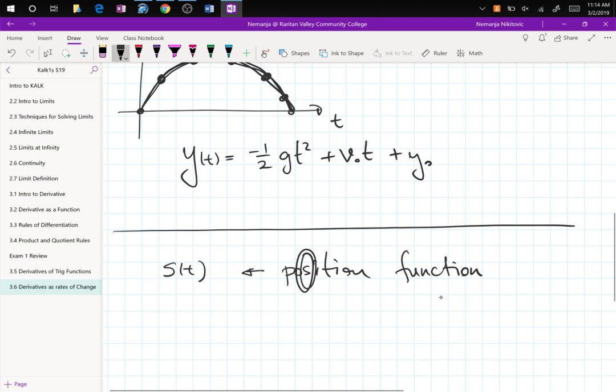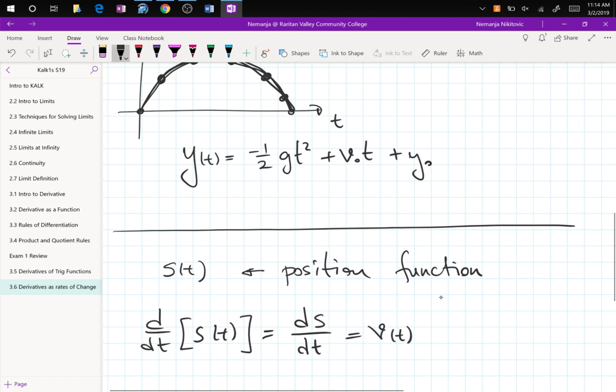We wouldn't want to call it p of t. That would ruin it. If you take the derivative of position function, you are going to end up with ds/dt, which we called velocity function.